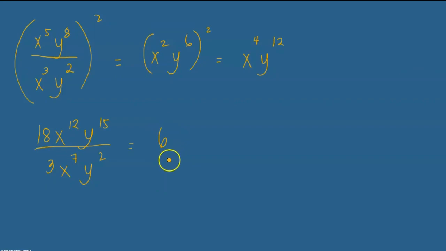X raised to 12 divided by x raised to 7 is x raised to 5. And then y raised to 15 divided by y raised to 2 is y raised to 13. So therefore, that is our final answer already.